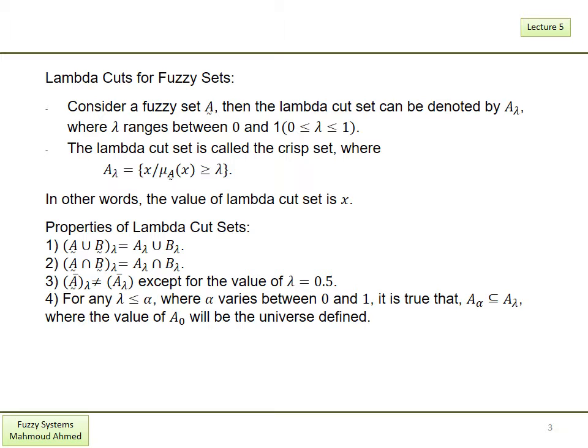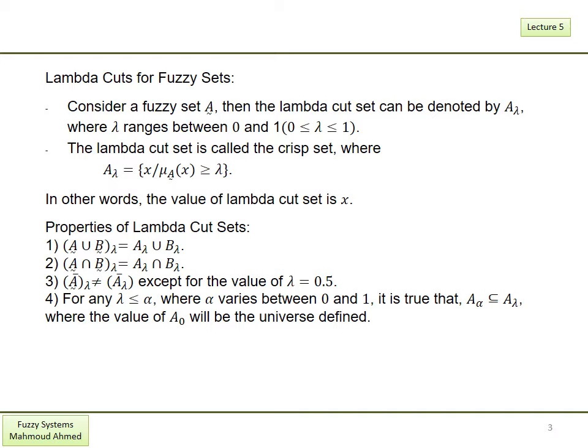The same properties we mentioned before for fuzzy sets can be applied for lambda cut sets, such that fuzzy set A union fuzzy set B, taken at the lambda cut set, is equal to the crisp set A of lambda union crisp set B of lambda.